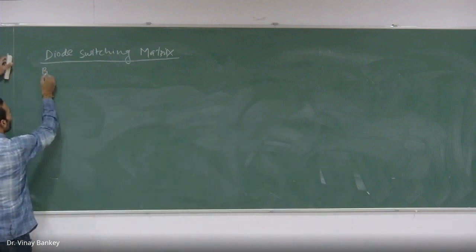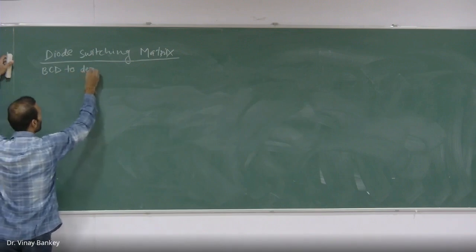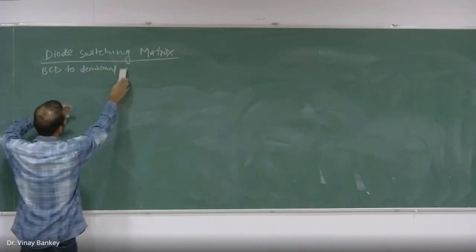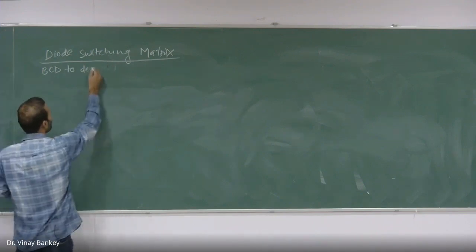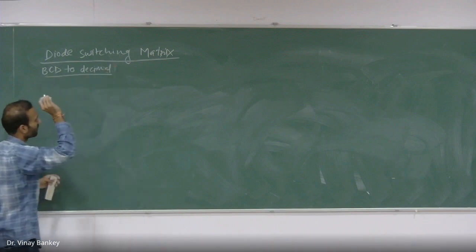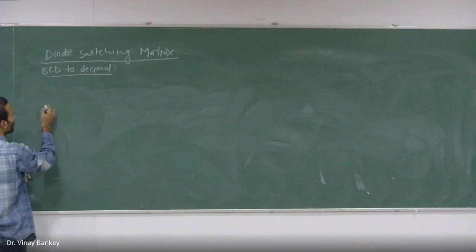Now I have BCD to decimal. What is this? Code converter as a diode switching matrix. So for this, I will draw this switching matrix here.